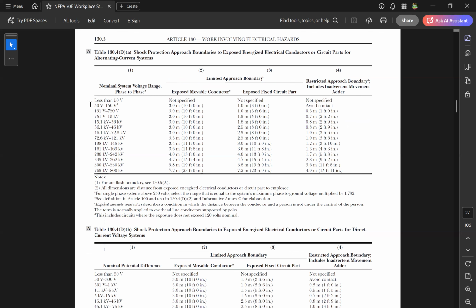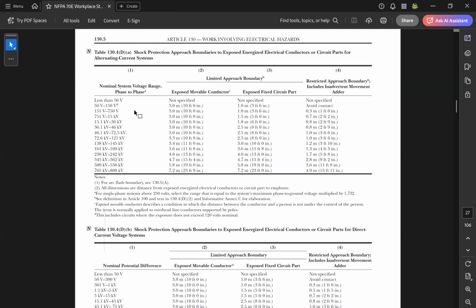And as you can see, most of your low voltage equipment, I think most of you said that you work on systems that are 480 volts and below. So if you look at any of your arc flash labels in the field, limited and restricted approach, these values that you see in the chart based on those voltage levels, your labels should line up with what you see here.